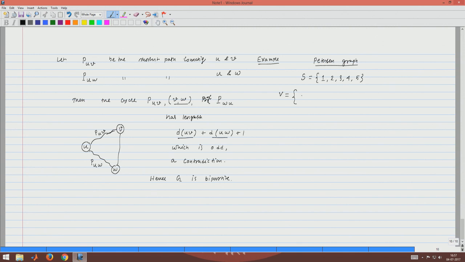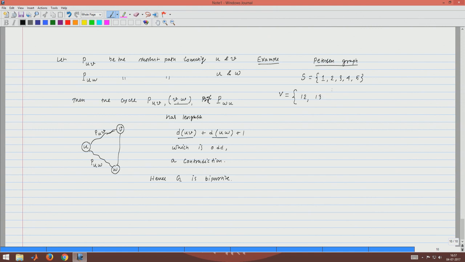That means, say, {1,2}. For simplicity, I am writing 12, which is a set, basically {1,2}. So I just write simply 12, 13, another set.